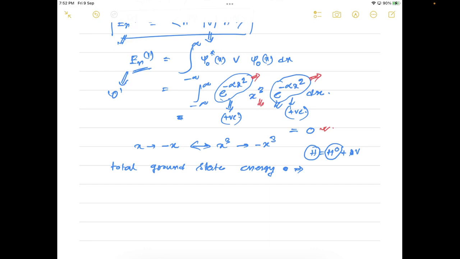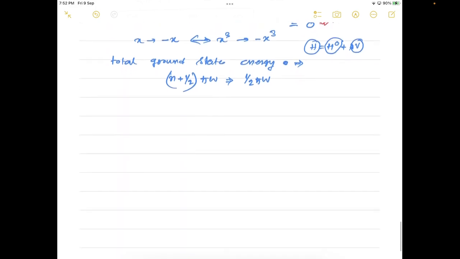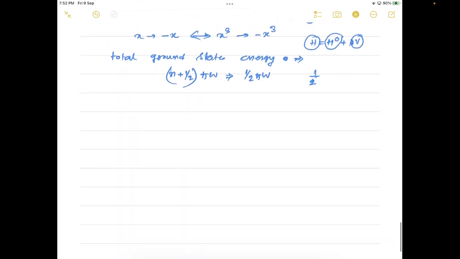We know the eigenvalue of the harmonic oscillator problem, which is n plus half times h bar omega, and for n equal to 0, the ground state, it is half h bar omega. The first order correction due to V, the perturbation term, is 0 in this case. So up to first order, the total ground state energy will be half h bar omega plus 0, so half h bar omega.